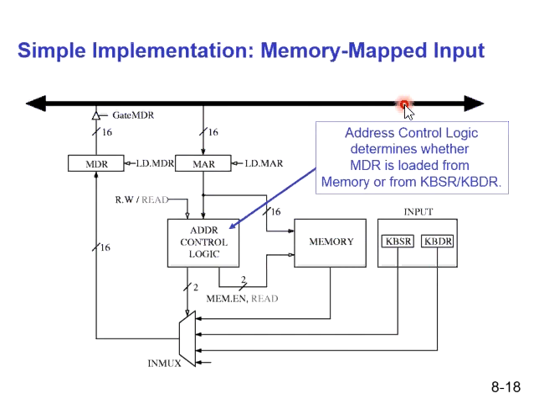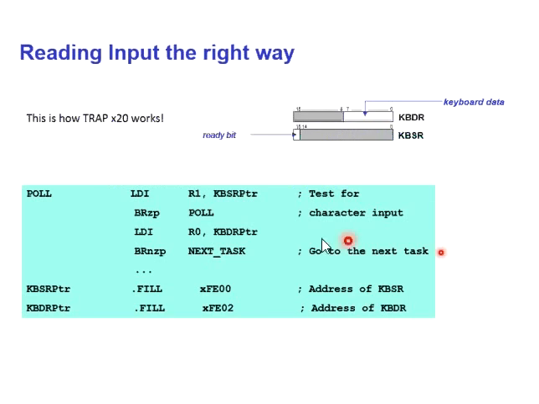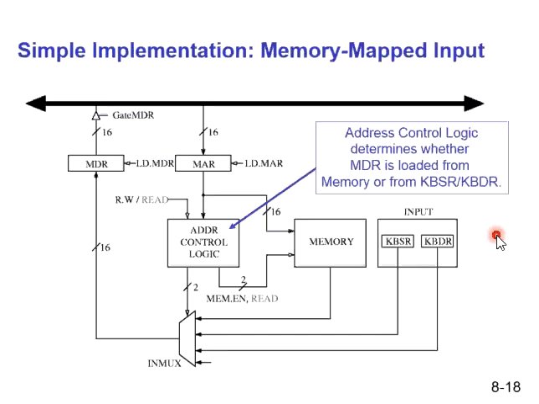And for the second, KBDR, it is the same. When we go out, the value in KBSR is negative. So when we go out, we read the value from KBDR. Firstly, we have its address, and secondly, we have its value, and we put it back into register R0.